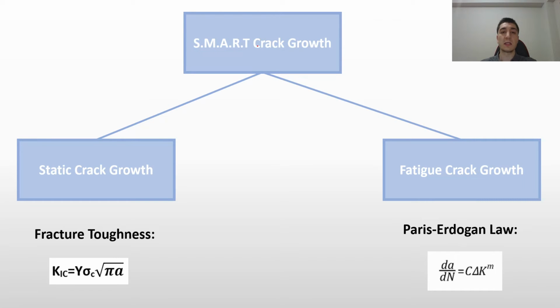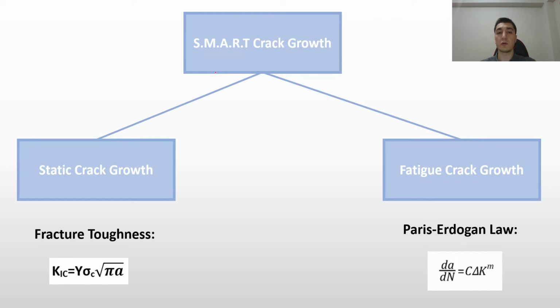So there are two options for smart crack growth. One of them is fatigue crack growth. The other one is static crack growth. The fatigue one uses the Paris-Erdogan law to evaluate the crack growth, which uses the alternation of the stress intensity factor.